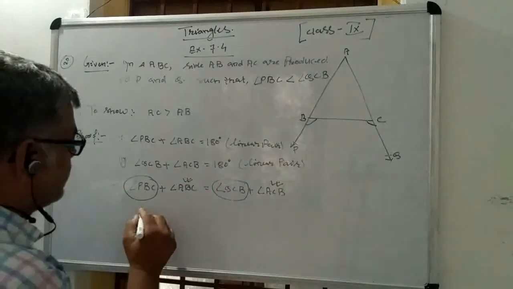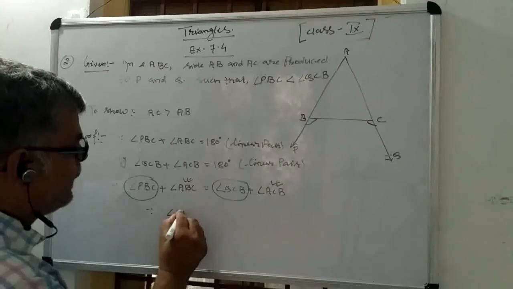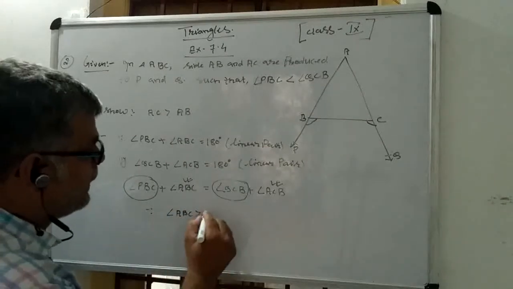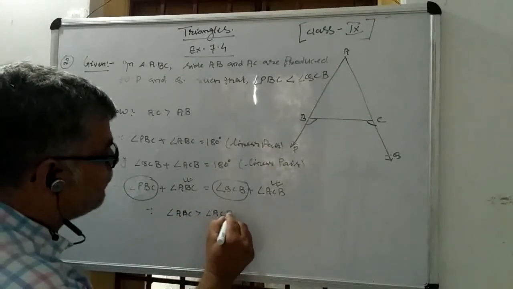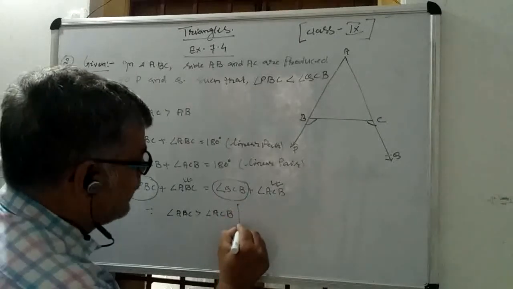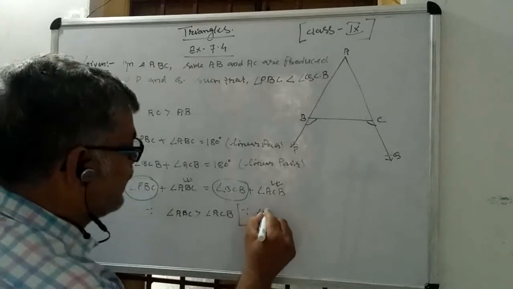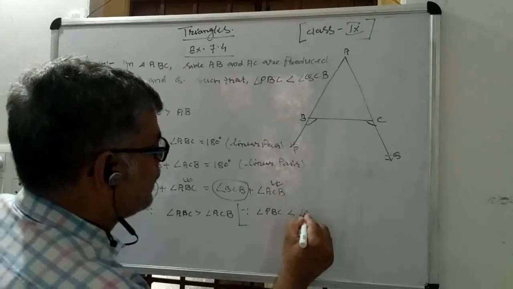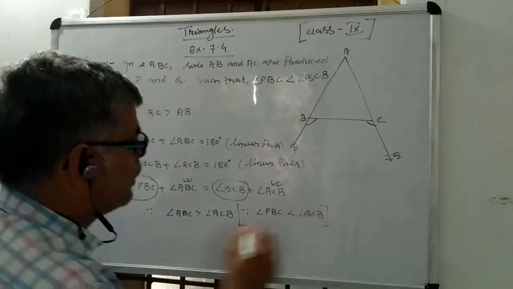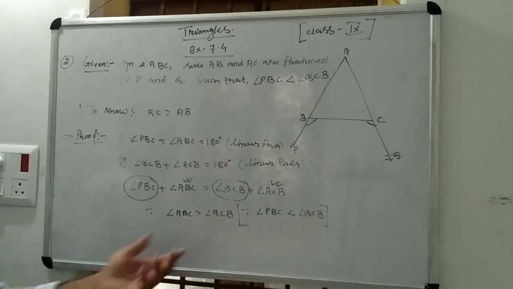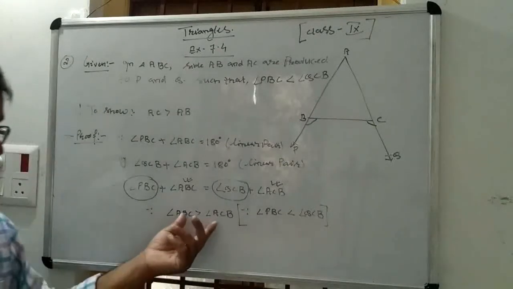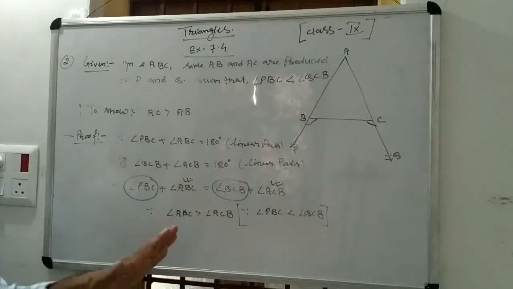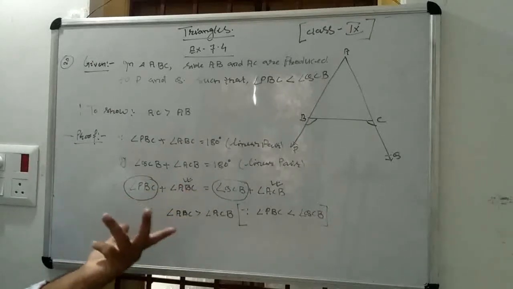Here we mention, since angle PBC is less than angle QCB, it is obvious that angle ABC is greater than ACB, because the sum of these two are equal.